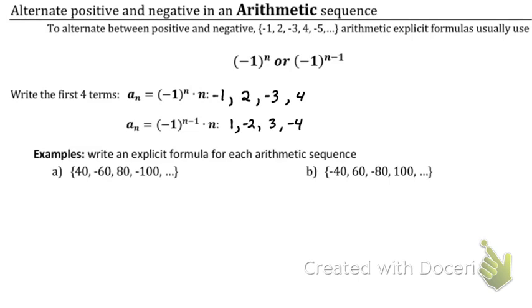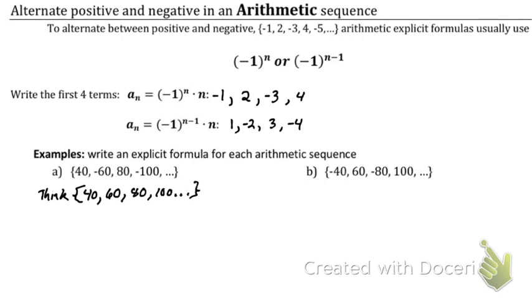I don't want to think about this as being 40, -60, 80, -100. I need to think about an arithmetic sequence that's 40, 60, 80, and 100. That's the arithmetic sequence I need.